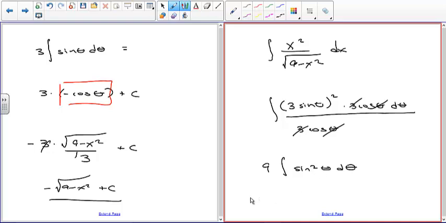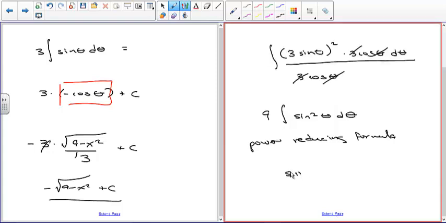Well, we'd use the power reducing formula, which says sine squared theta equals 1, I forget what the formula was. It's either 1 plus or minus cosine of 2 theta. Remember that one? Let's find it on the internet.